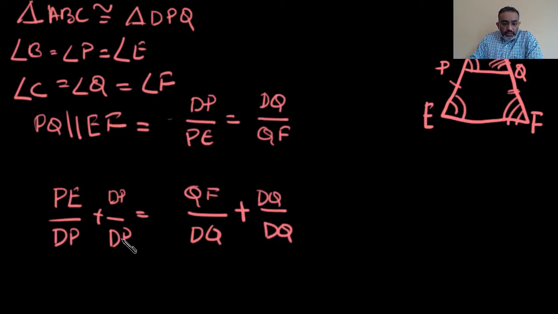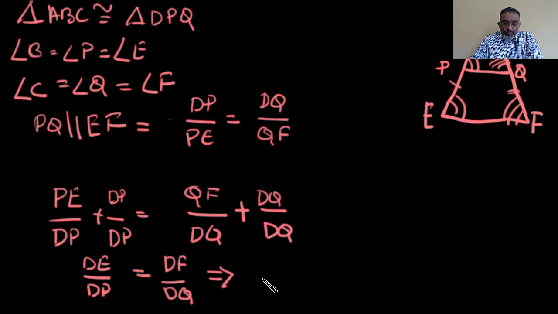Now the denominator is the same, so in the addition the numerators are added. PE plus DP is DE, so this will become DE, the numerator, divided by DP is equal to, and on the other side a very similar process applies, and you get DF divided by DQ. Let's now invert this back, and we get DP by DE is equal to DQ by DF.